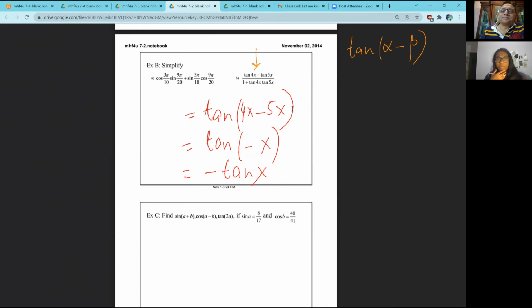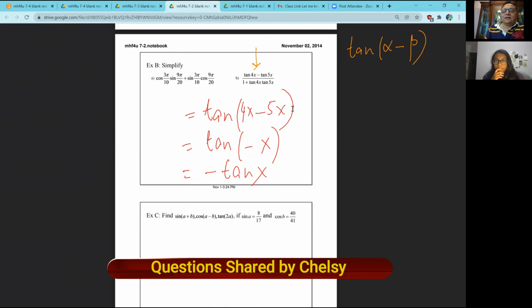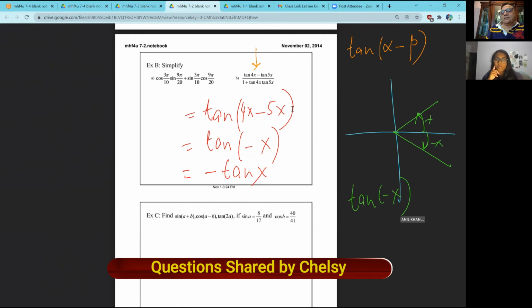I didn't understand the minus. Why did we get it? It's an odd function, as we explained earlier. Tan of minus x, which is equal to which angle? So tan is an odd function, right? So tan of minus x is equal to minus tan x.